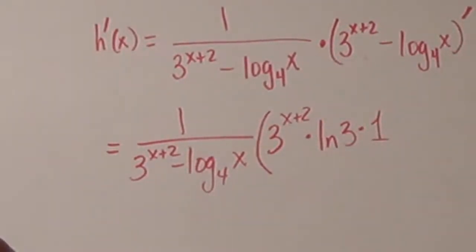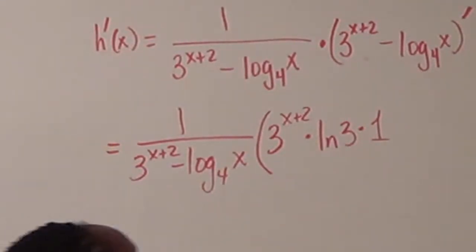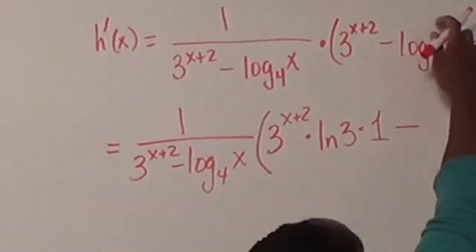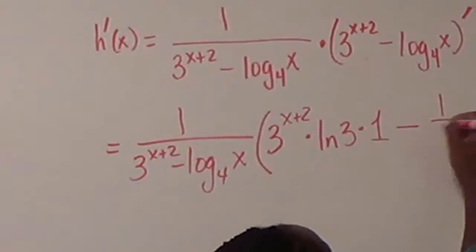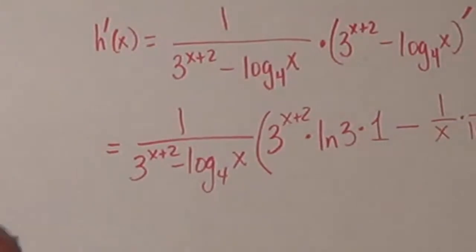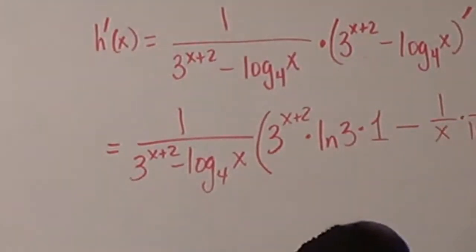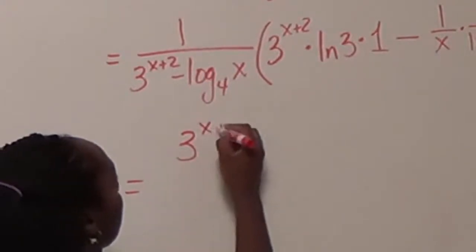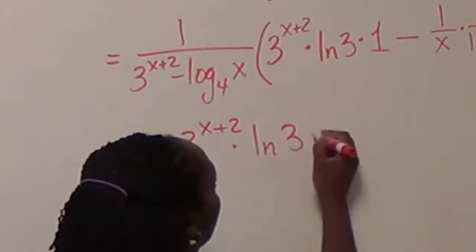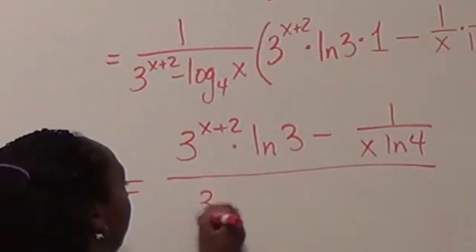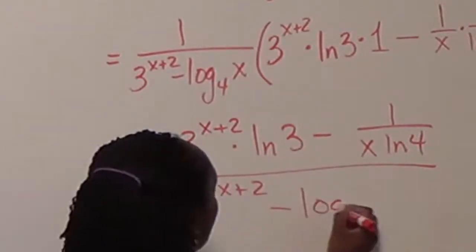So there's our a to the u property, minus, for our log base 4 of x, well, it's going to be 1 over the argument, so 1 over x, times 1 over the natural log of 4, because I'm looking at something other than base e, times 1 for the derivative of the argument, which in this case is x. So cleaning this up, 3 to the x plus 2 natural log of 3, minus 1 over x ln of 4, all over 3 to the x plus 2 minus log base 4 of x.